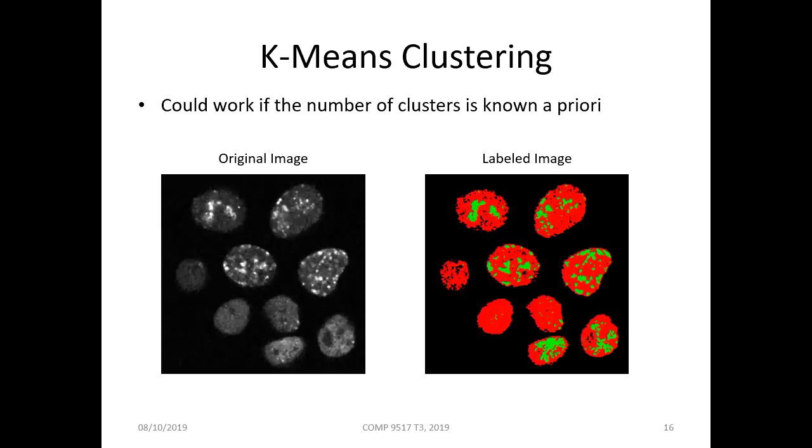You assign every pixel to one of the clusters based on the closest intensity difference, or the cluster to which it is closest in terms of intensity. Then you recompute the means, you recluster the pixels, recompute the means, etc., until it converges, and then you end up with a clustering like this, for example, which looks reasonably okay, but there's still a lot of noise in the segmentation that would require further processing.